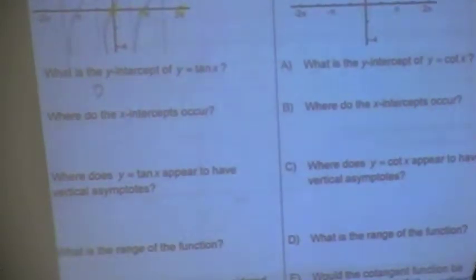Alright, so now let's look at cotangent. So you can put cotangent in your calculator.